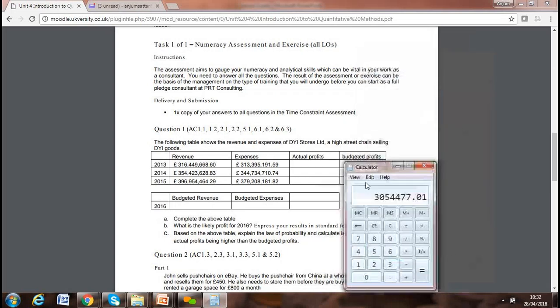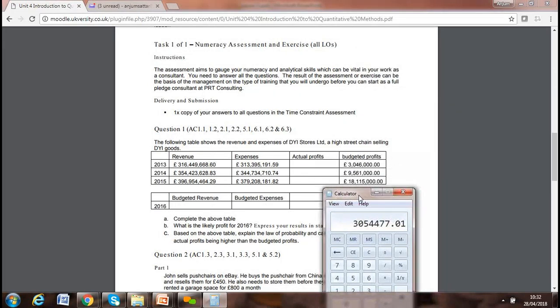So what do you think? My actual profit is 305, and my budgeted profit is 304. Is it better or is it worse? Better. It is better than my budgeted profit.